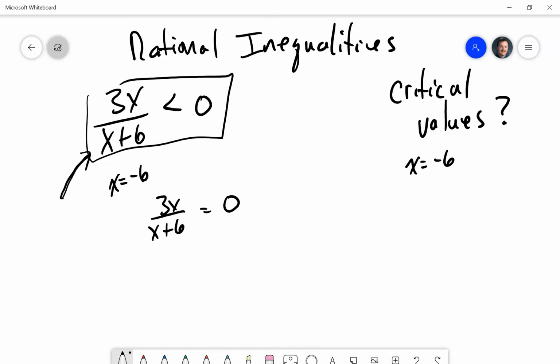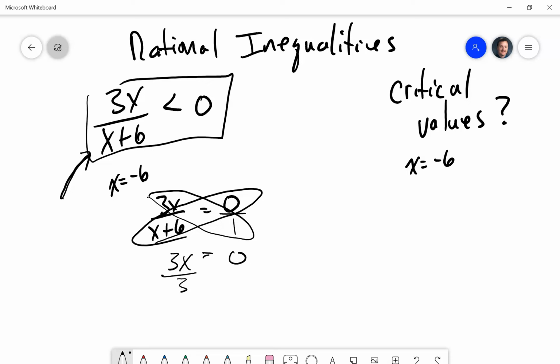Okay, so one thing you can do here is treat it like a proportion. So if you're doing this as 0 divided by 1, cross multiply, you would have 3x equals 0. And in that situation, divide by 3, and we would have x is equal to 0. So there's my other critical value.